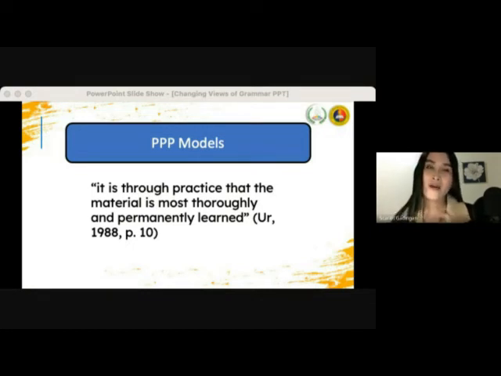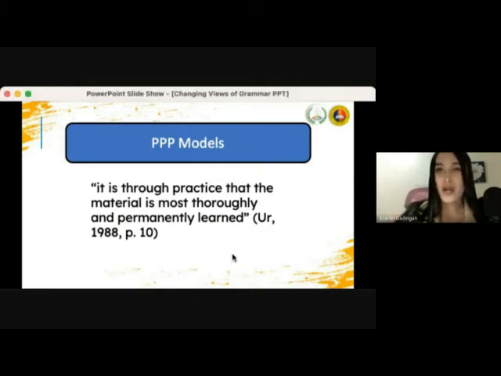The acquisition involves many cognitive processes for them to store and be able to access that for production. So you have the practice in order for them to gain control of the structures or forms. Practice is really an important part here.